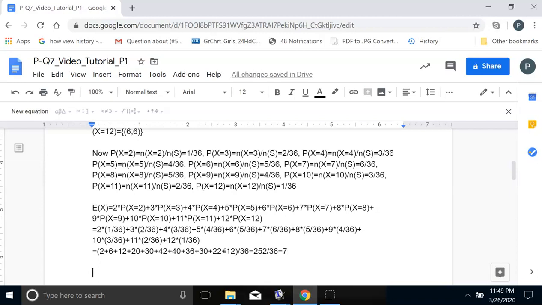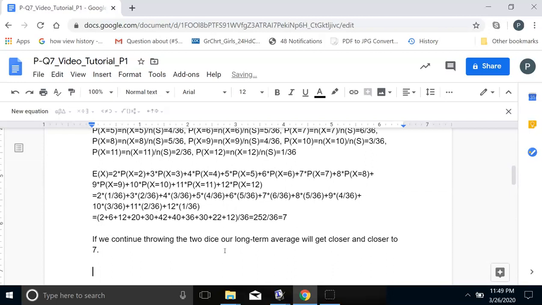So what we're showing here is that if we continue throwing the 2 dice, our long-term average will get closer and closer to 7.